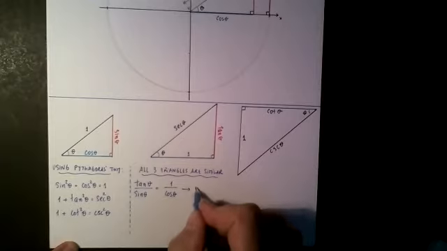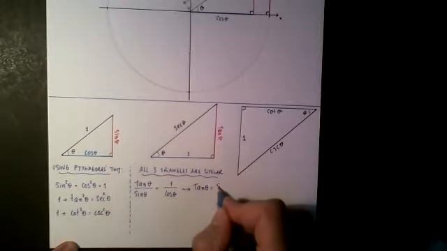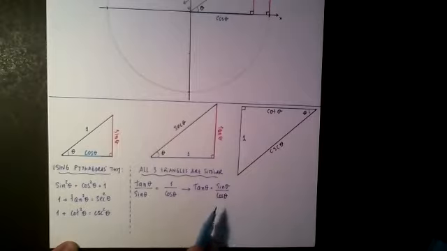And if I isolate tangent, it's going to be sine theta over cos theta. I'm sure you knew this, that the tangent is sine over cos. Well, that's where it's from. Questions?